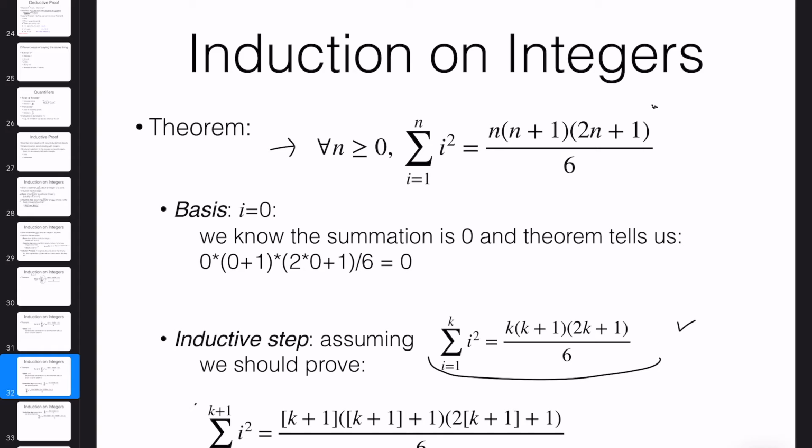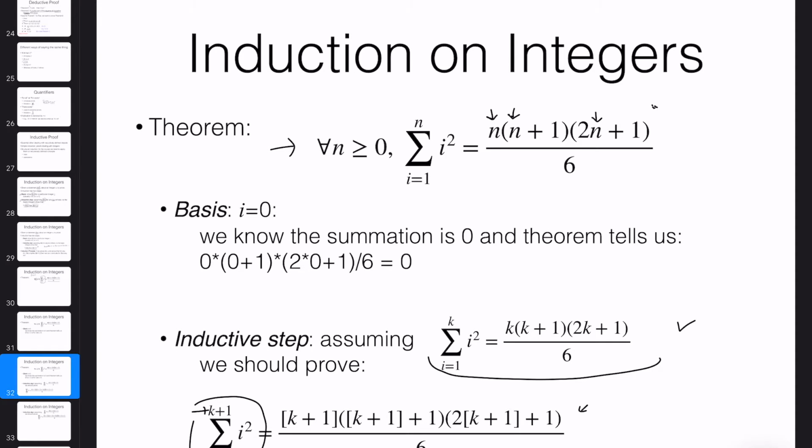You can see that I have changed this to go to k plus 1, and I have also put k plus 1 instead of n in all the parts where I had n. So this is going to be the formula. I want to prove this.